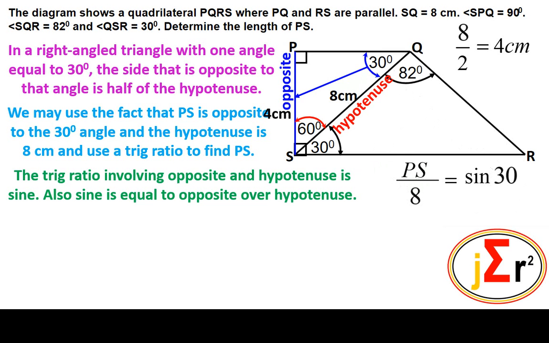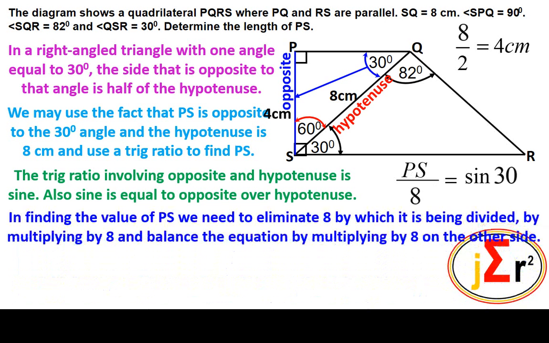Now we have a simple equation with one unknown. The single unknown is PS, and we may go straight ahead in solving that simple equation in order to find the length of PS. In finding the value of PS, we need to eliminate the 8 by which it is being divided. PS is being divided by 8 on the left-hand side. And we will eliminate 8 by multiplying by 8 on that left-hand side.